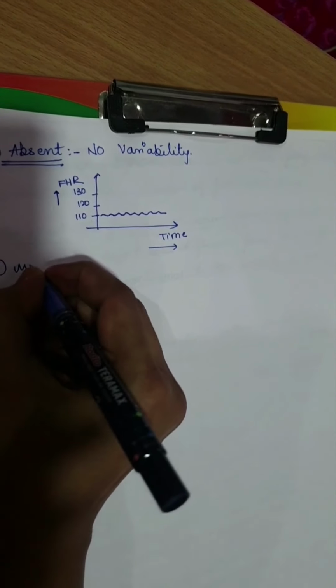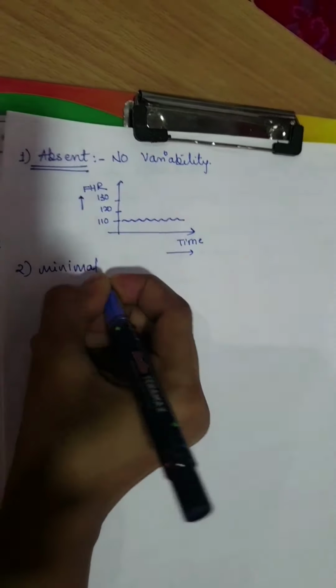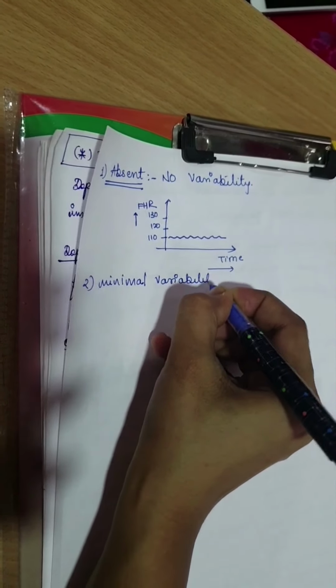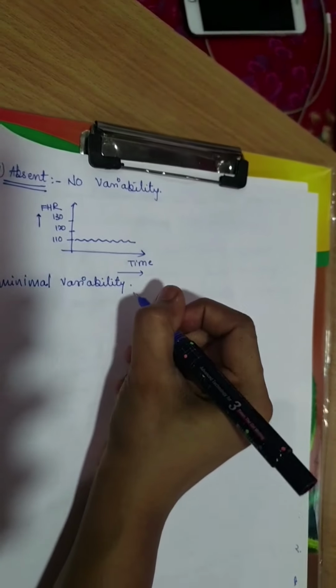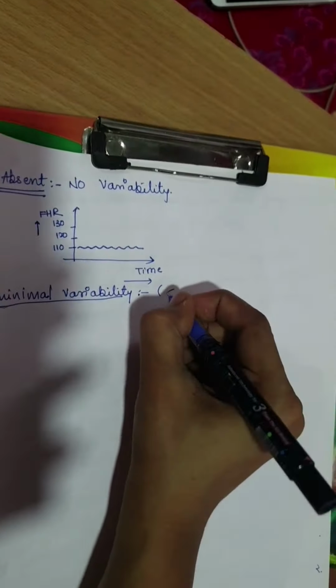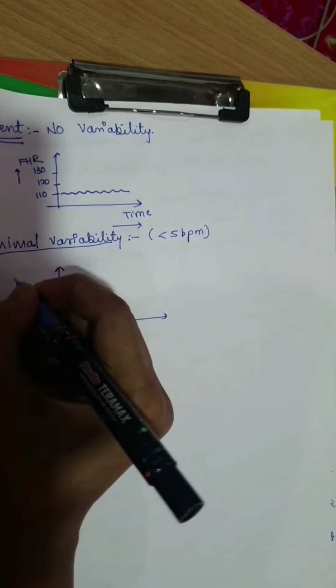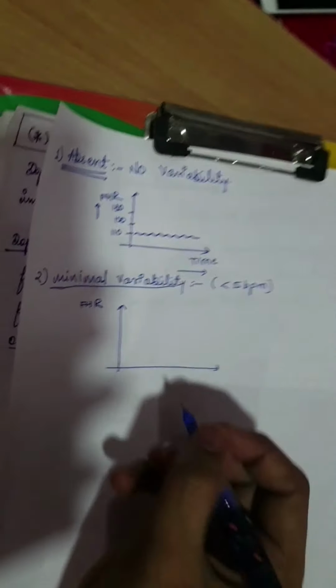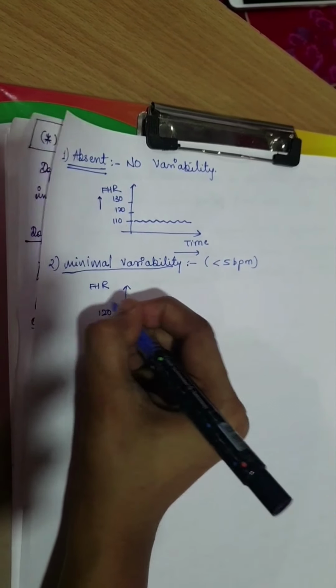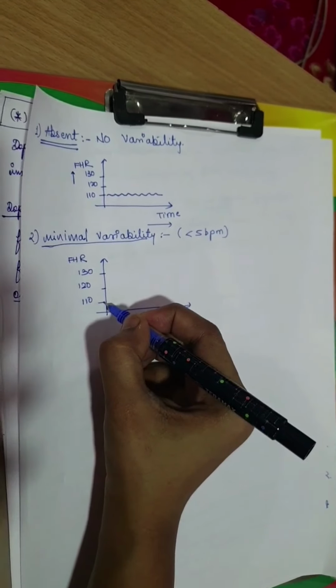Second is the minimal variability. What is minimal variability? It is a variability which is less than 5 beats per minute. Again, we'll draw a diagram. This being the fetal heart rate, this is 110, 120 and 130.